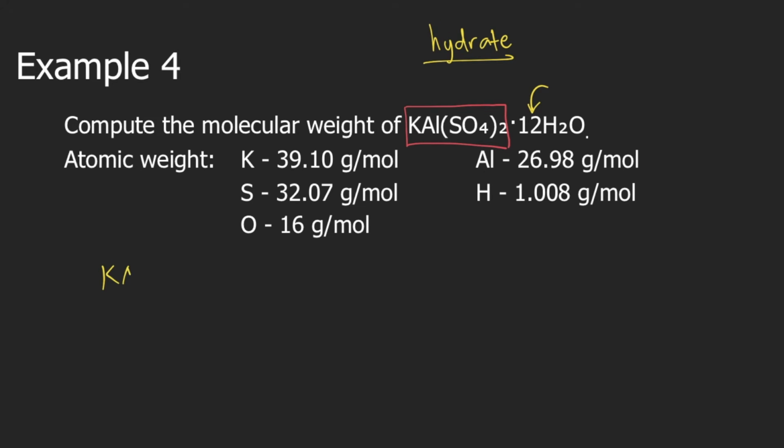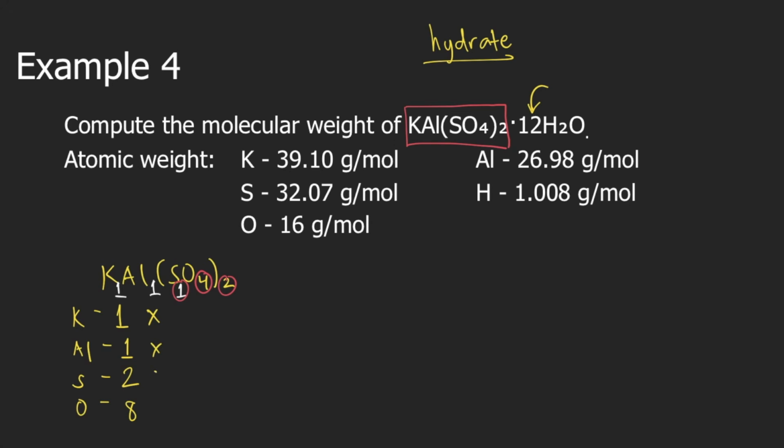So KAl(SO4)2. So what are the elements? We have potassium, aluminum, sulfur, and oxygen. So we have 1 potassium, we have 1 aluminum, we have 1 times 2, that's 2 for sulfur, and for oxygen, 4 times 2, that's 8.